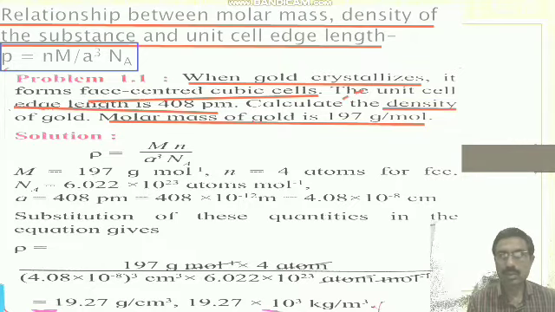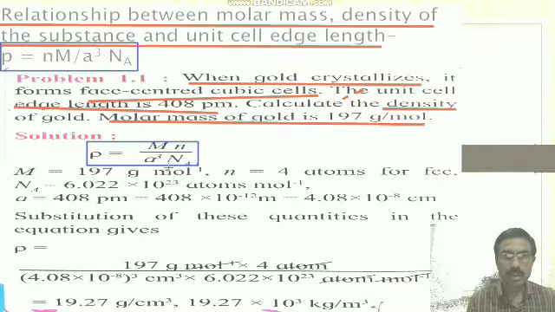You know the formula of density: rho is equal to M into n upon a cube into NA.